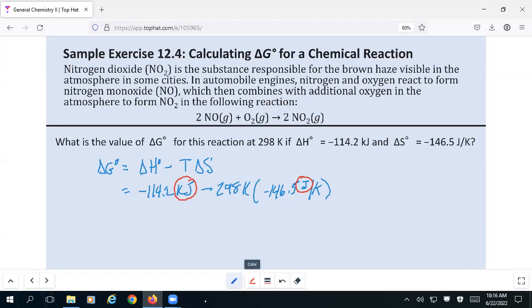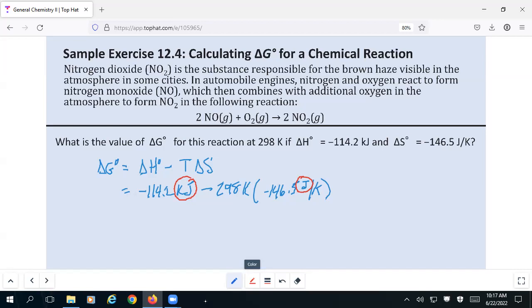Now, I am on record as normally saying that I like to convert kilojoules to joules usually. There are a couple of exceptions to that rule, and this is one of them. And the reason why this is one of them is because delta G is also usually expressed in kilojoules. And so for that reason, it makes way more sense to convert the entropy to kilojoules than to convert everything to joules, do the calculation, and then convert it back to kilojoules again.